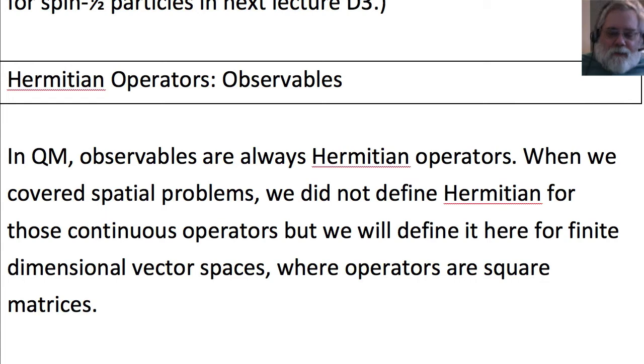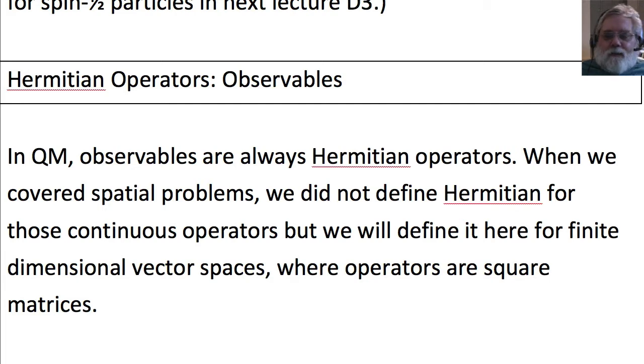I kept saying, oh, this is a Hermitian operator, and I never told you what the definition of Hermitian is, because it involves a little more mathematical framework than I really want to take you through in an introductory course, and you didn't really need to know. The only thing you've needed to know up to this point is whenever I told you something was an observable, I also told you it was a Hermitian operator.